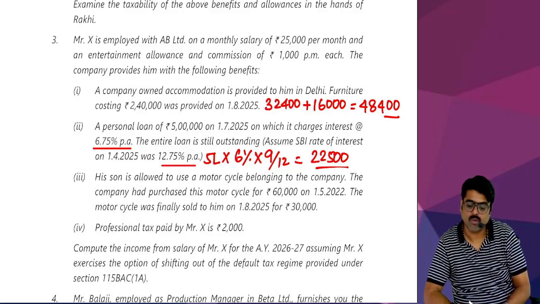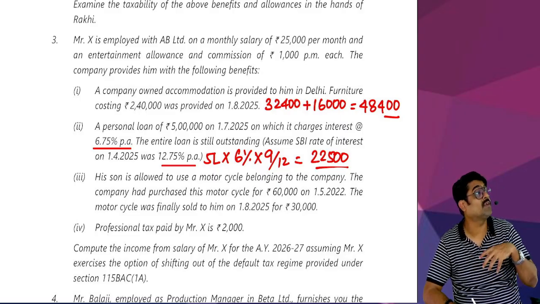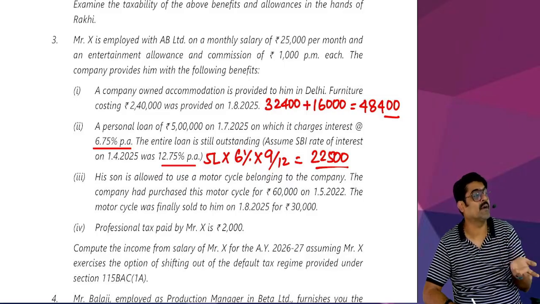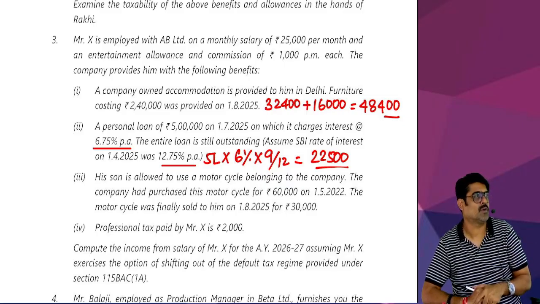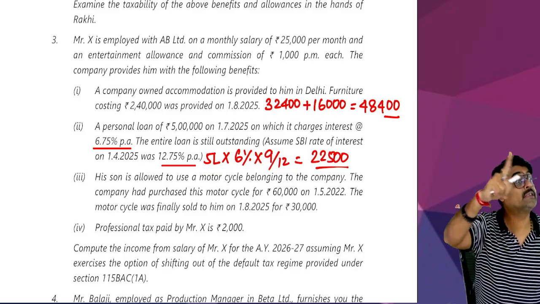His son is allowed to use a motorcycle. Important adjustment. His son is allowed. Meaning you are an employee. Your son is there. Employer has given a motor car or motorcycle. So motorcycle, no. Only if the motorcycle is transferred.